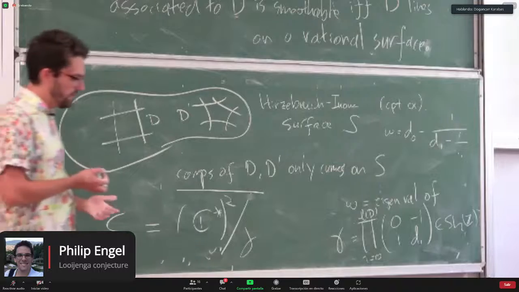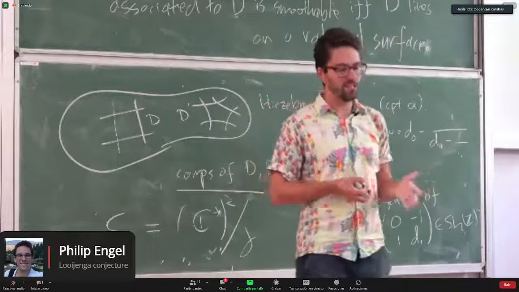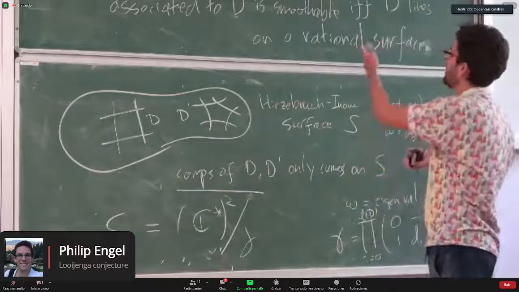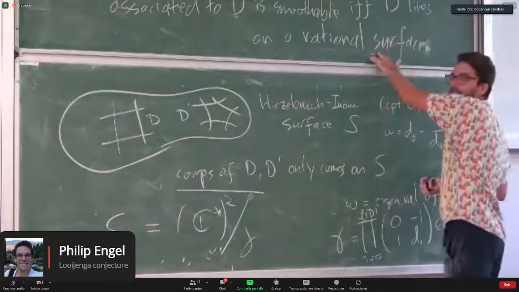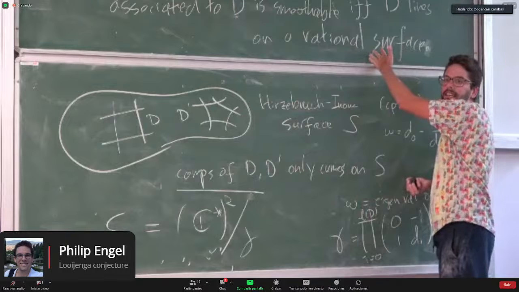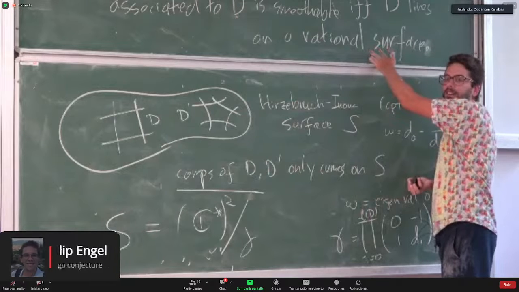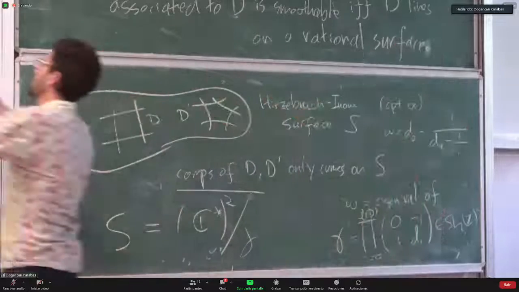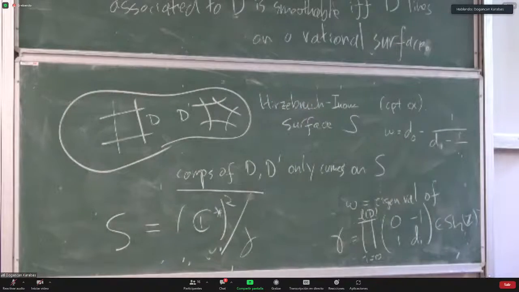It gives you an algorithm, for instance, to check if the dual cycle is smoothable. Because this condition, that D lives on a rational surface, is explicitly checkable. You take some toric surface, and we know what happens when we blow up a point: one of the numbers decreases by 1. And we know what happens when we blow up a corner too.